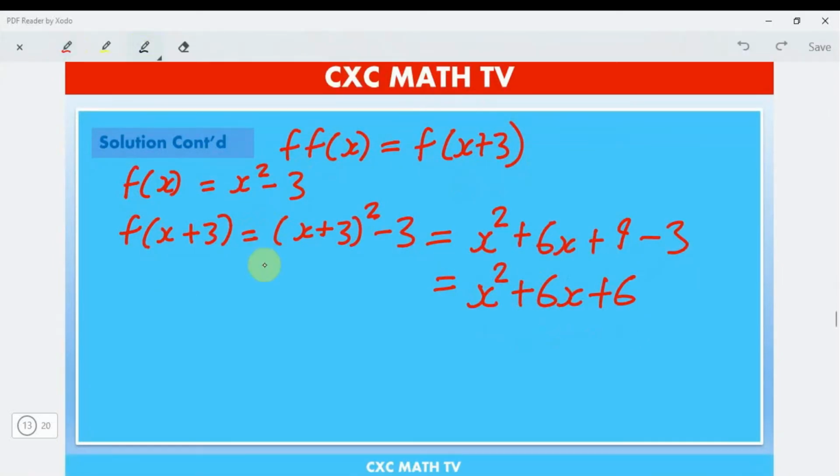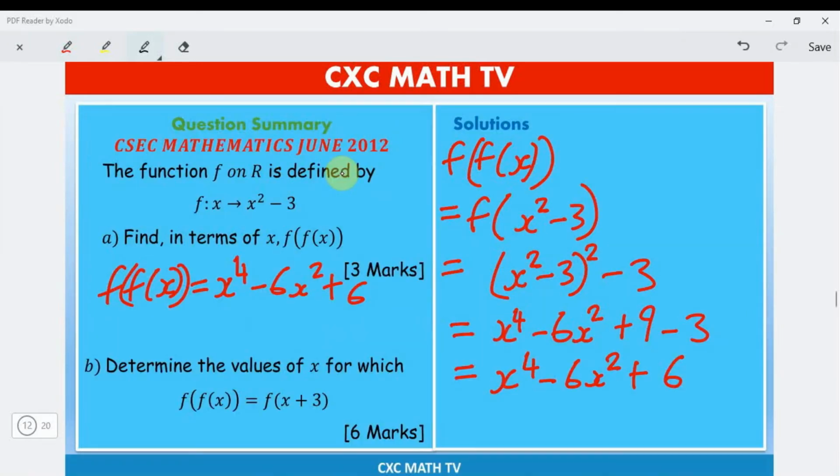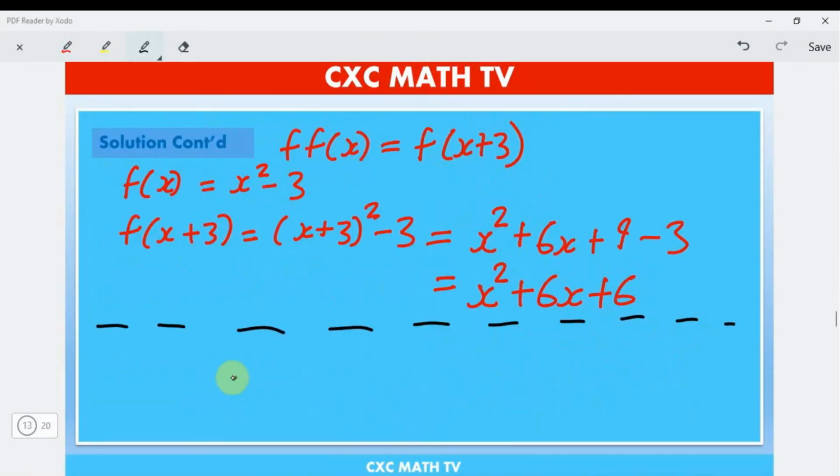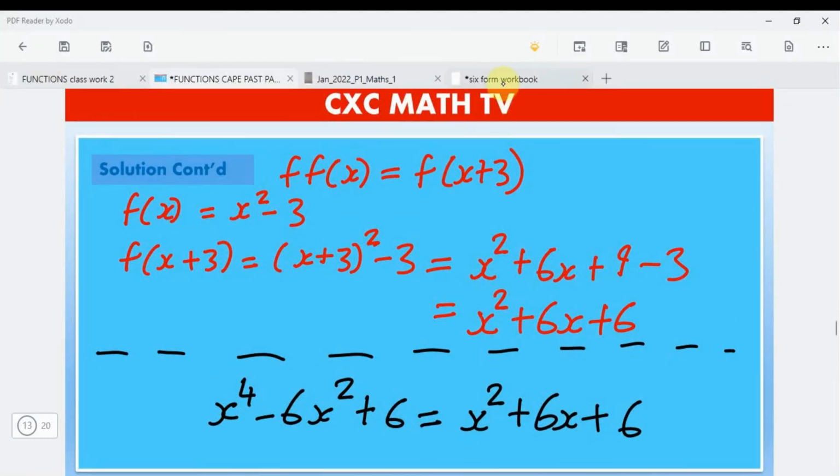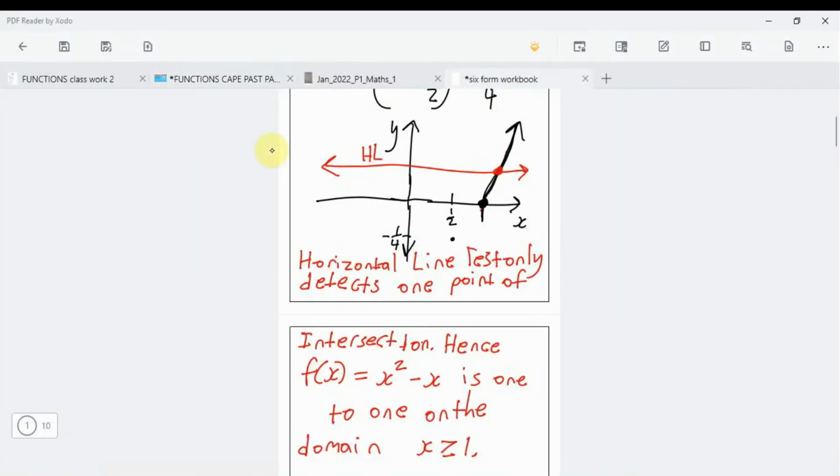So in other words, we're going to be solving the equation f of f of x, which is x to the 4 minus 6x squared plus 6, is equal to x squared plus 6x plus 6. That's what we'll be solving. Now, we ran out of space, so we're going to go to a blank document here and solve that equation.